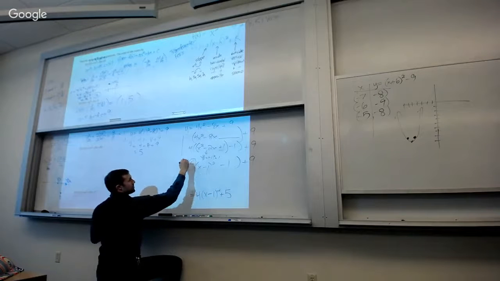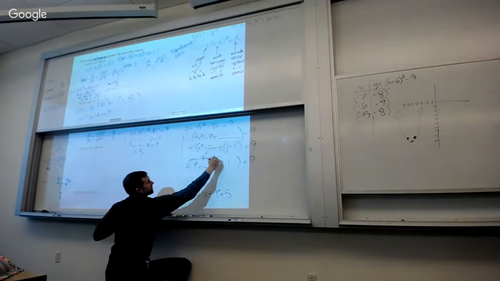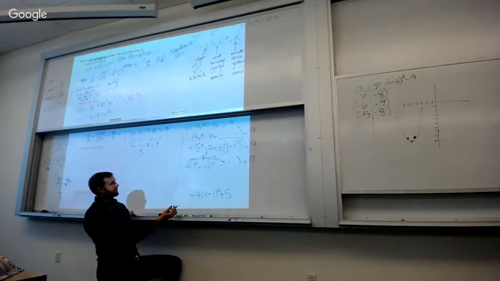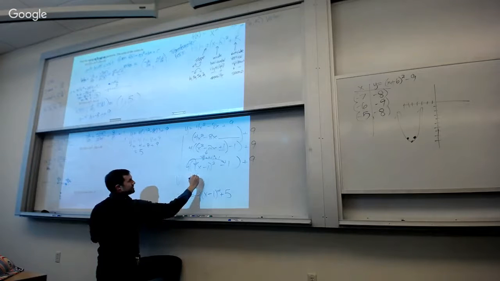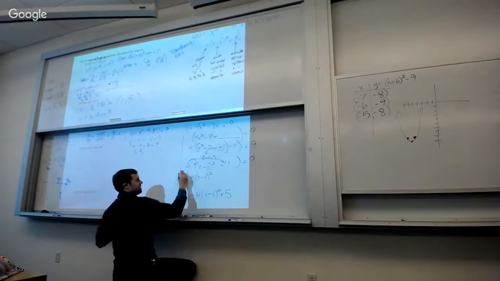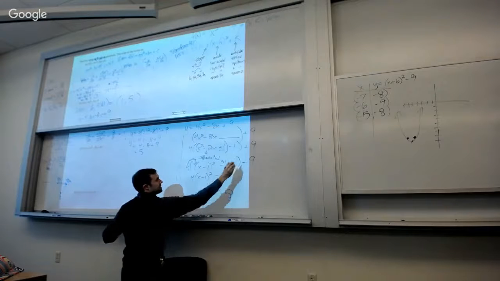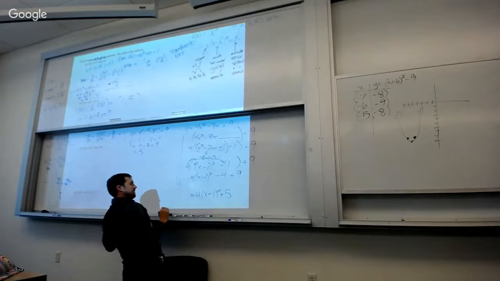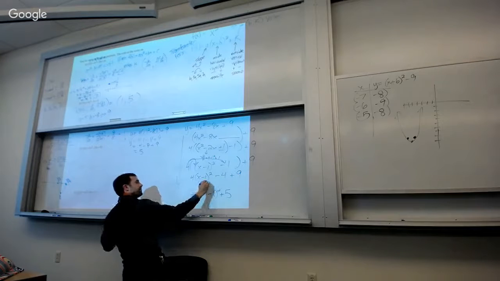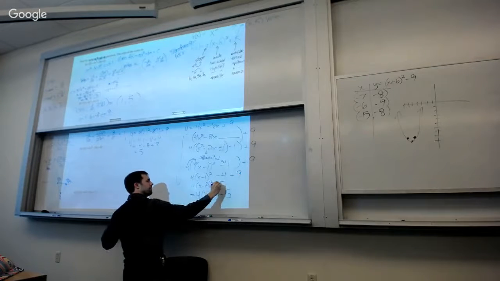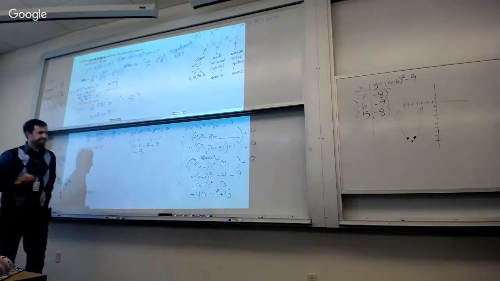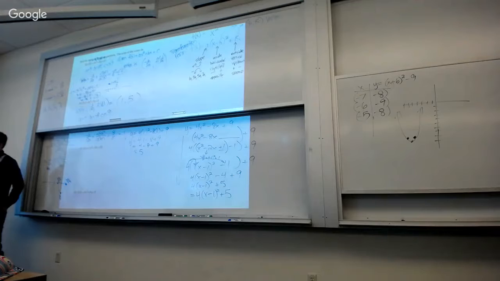We have to distribute the 4 to both of those values. So that'll be 4 times x minus 1 squared. And then 4 times minus 1 is minus 4. And then the plus 9. And what does that give us? Did it work? It gave us the transformation form.